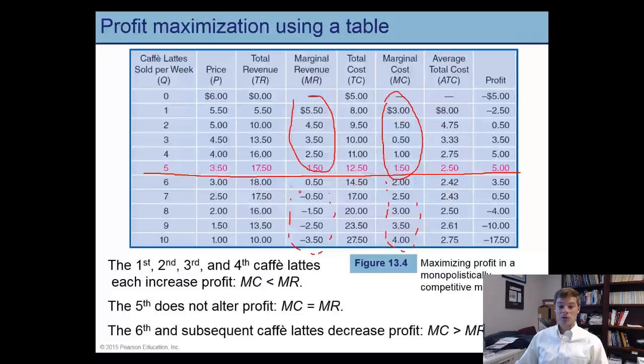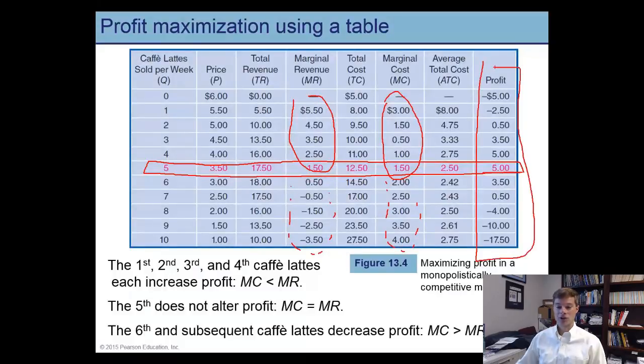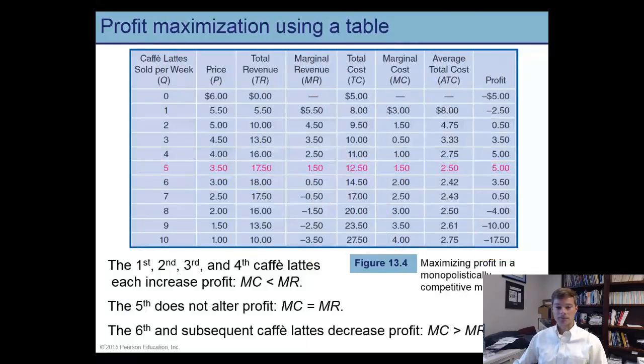In fact, the firm should produce the specific quantity where marginal cost equals marginal revenue, and that's on the sixth row of the table for 5 units of output. You can see on this row profit is equal to $5, and in this profit column that is where profits are the largest. Okay, I want to show you this in a graph next.